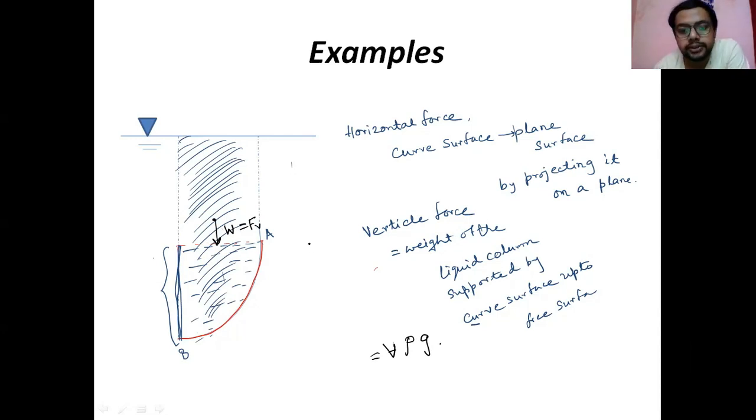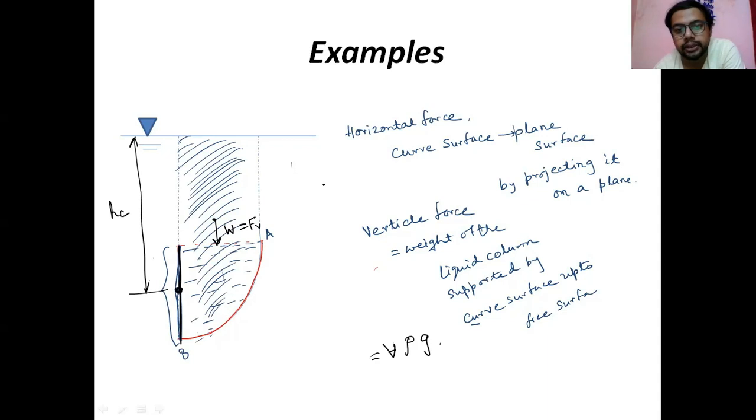And for the horizontal force over this plane, this is the only projected surface here. On the projected surface, there is a centroid, here in this position. The height of the centroid from the free surface is hC.